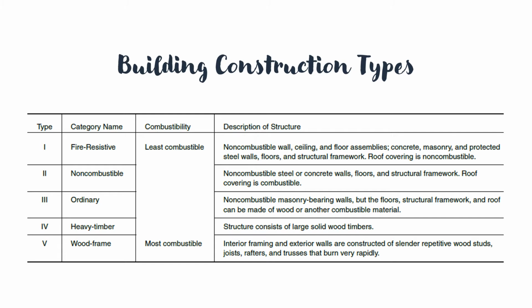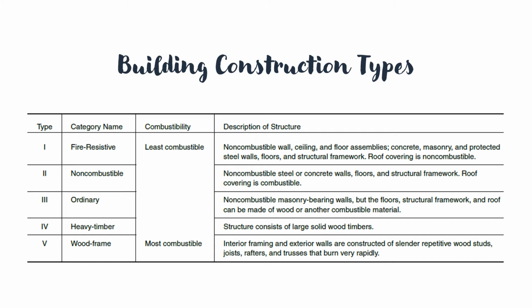Roof covering is also non-combustible. Type 2 is non-combustible, a little bit more combustible than type 1. They are composed of non-combustible steel or concrete walls, floors, and structural framework. Roof covering is combustible. Type 3 is ordinary.